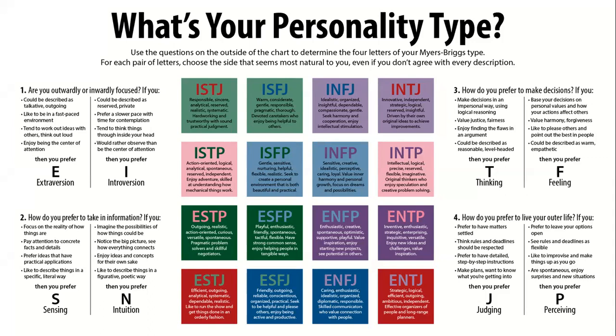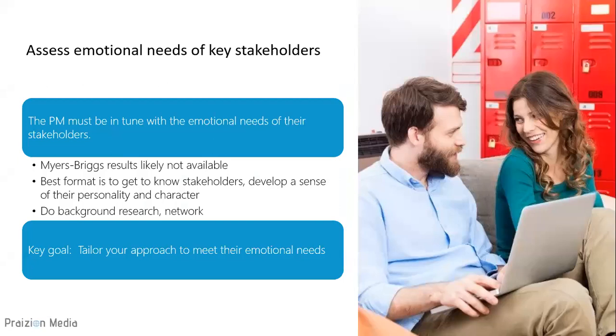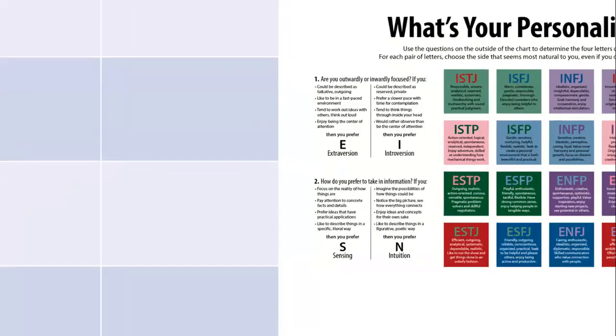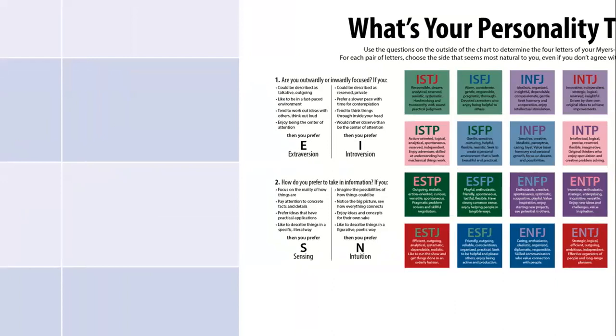So I'm going to collect the data in this form right here. And let's go to the form. Let's ask the first question and let's zoom in to what we have on the screen. So my first question to you, and I'm going to go with my friend number 1. So my question to you is, are you outwardly or inwardly focused?